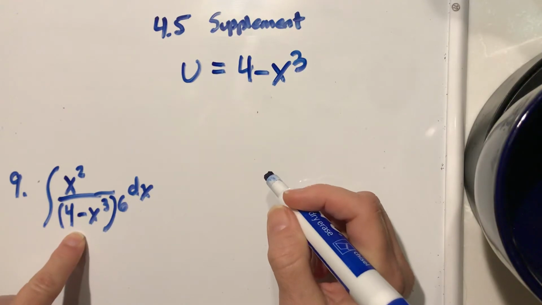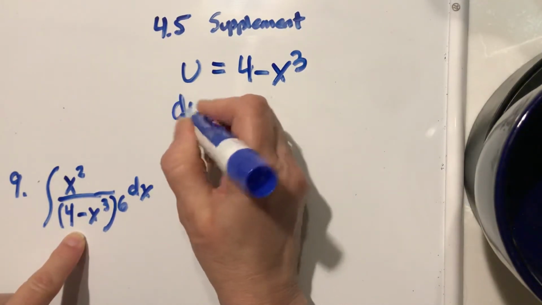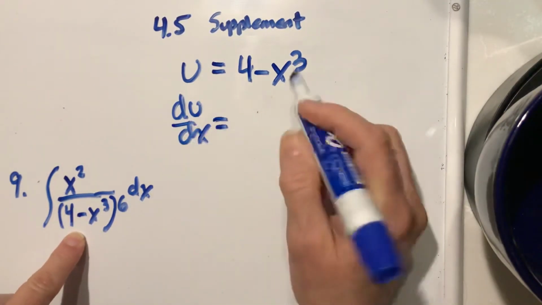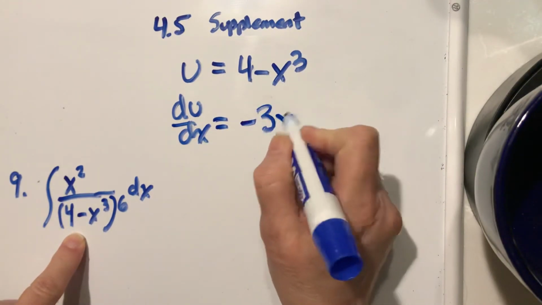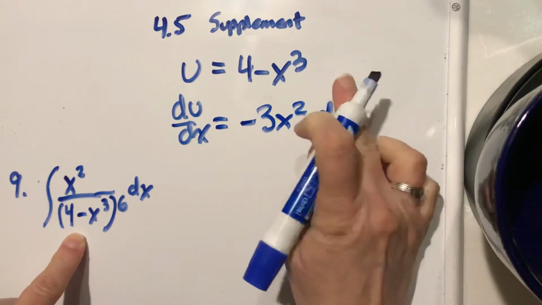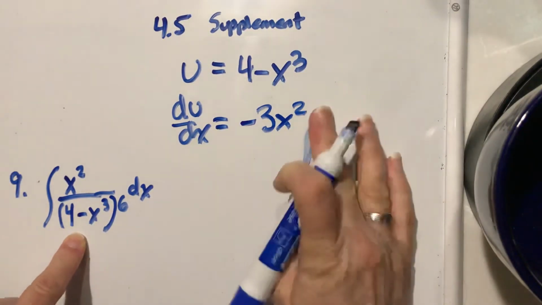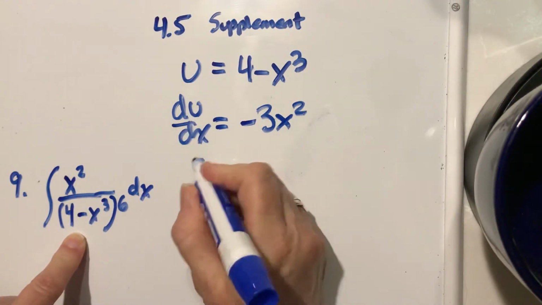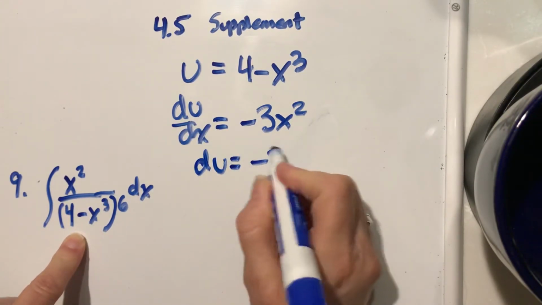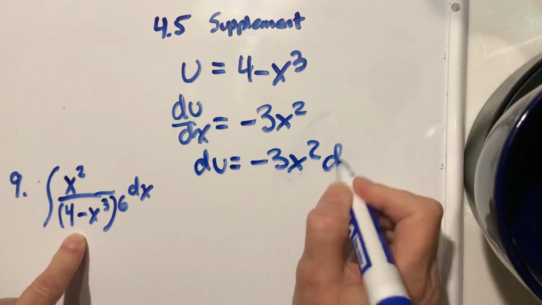All right. So what's the derivative of that? du dx equals the derivative of 4 is 0. We keep the negative. We have negative 3x squared. Okay. Now we need to get du by itself, so we multiply both sides by dx, and we have du equals negative 3x squared dx.